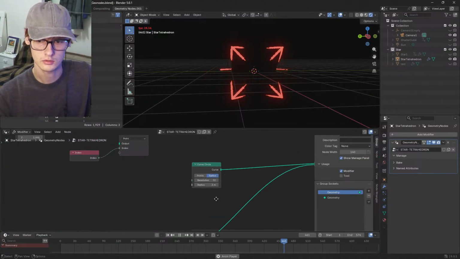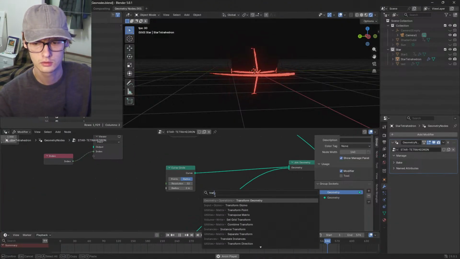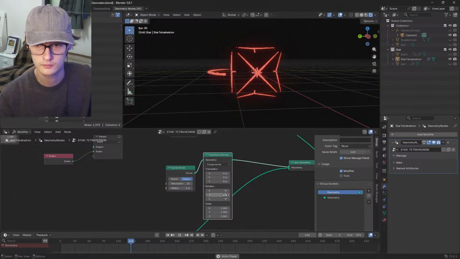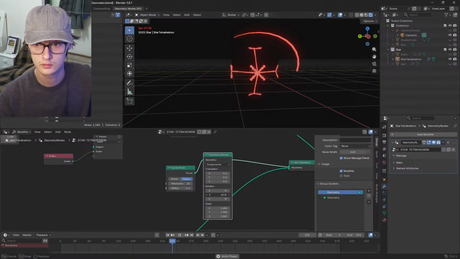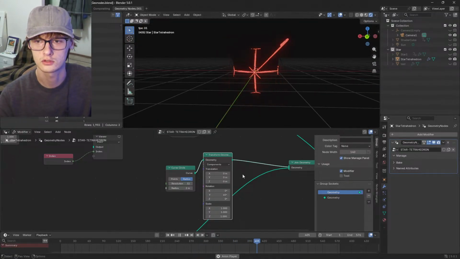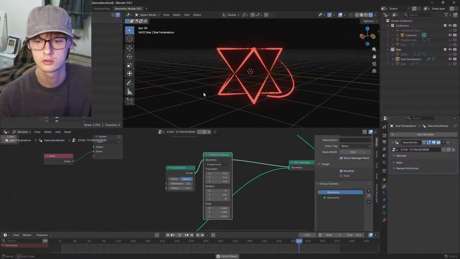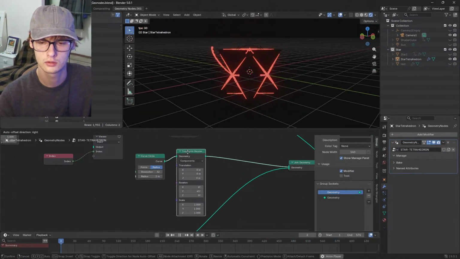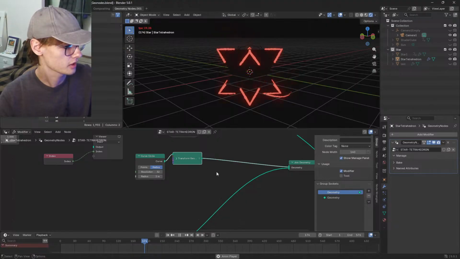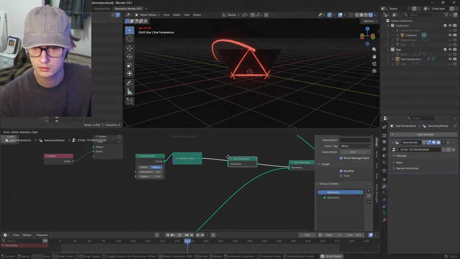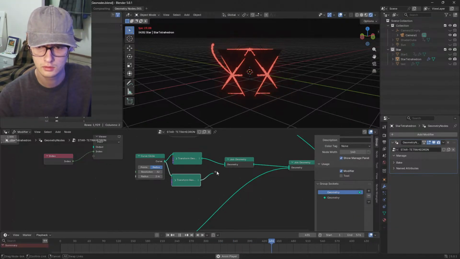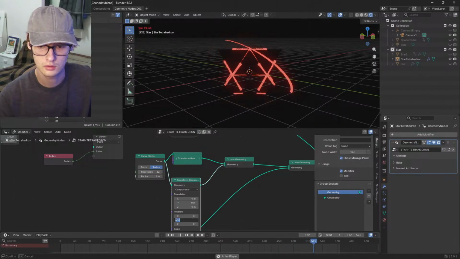And I could rotate this circle. Various angles, probably 45 degrees, right? And I could duplicate this. -45.